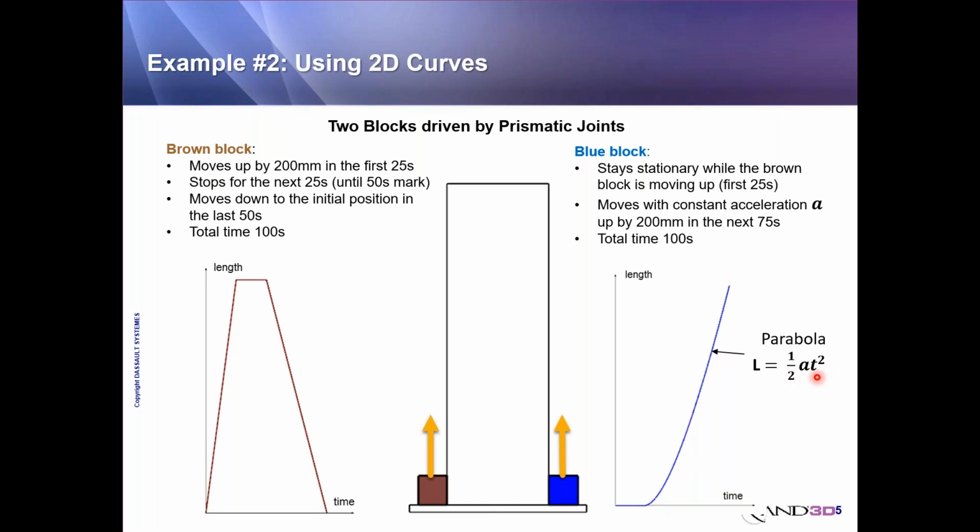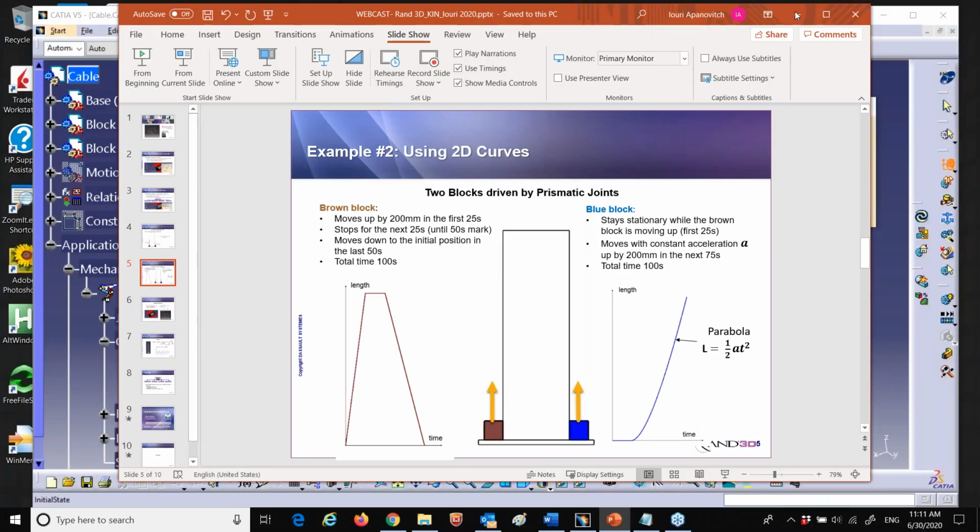Because it's a t squared, the velocity increases with the duration of time. So actually the block is accelerating, and that's the formula. So the length or the displacement which the block travels is 1/2 a, which is acceleration, times t squared. Well, to make that happen, I'm going to have to create 2D curves or sketches.